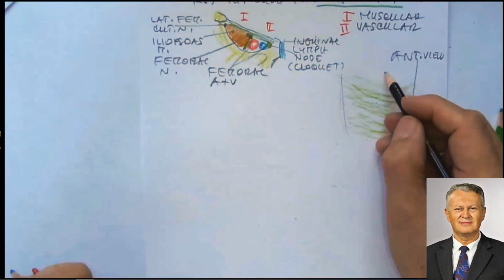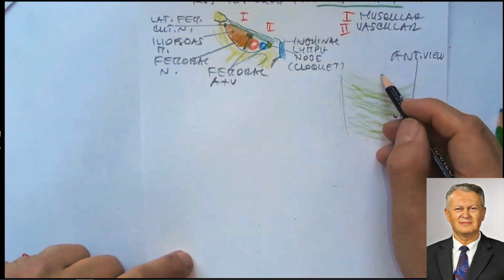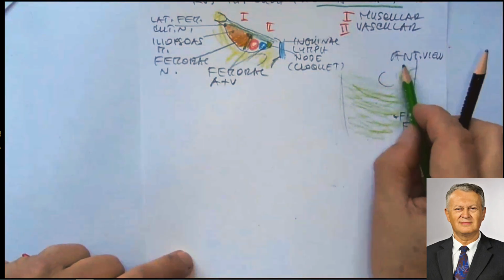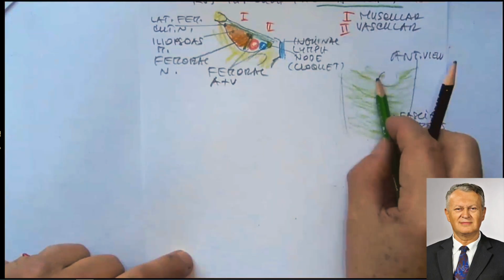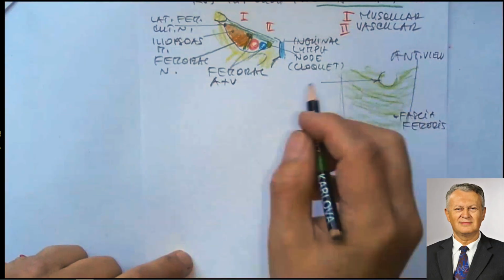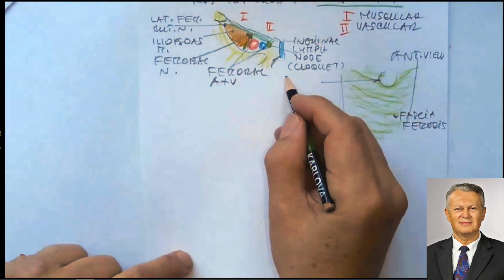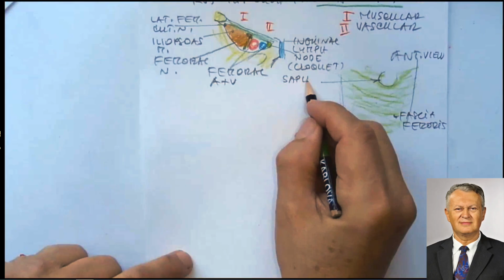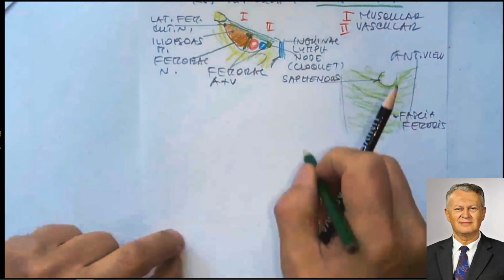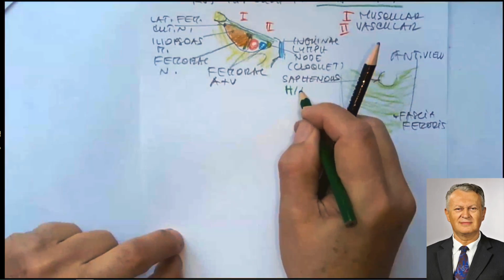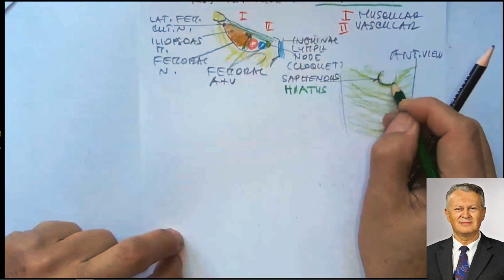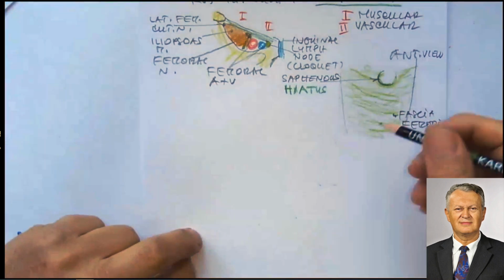But in the most proximal part, there is an opening in this fascia, forming a hiatus. We call it the saphenous hiatus, using green because hiatus is an opening.